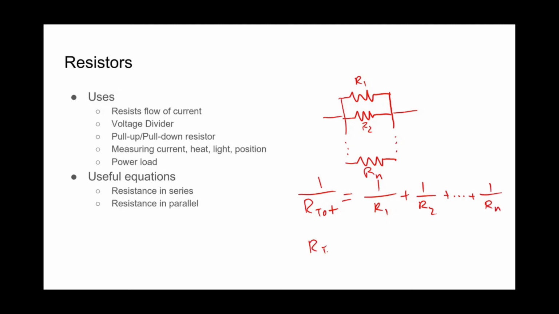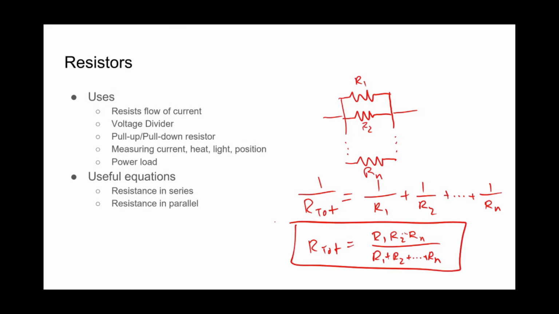What this works out to be, for two resistors, is R total equals the product, R1 times R2, over R1 plus R2. All right, so this is the equation for resistors in parallel. A little trickier, but there you go.